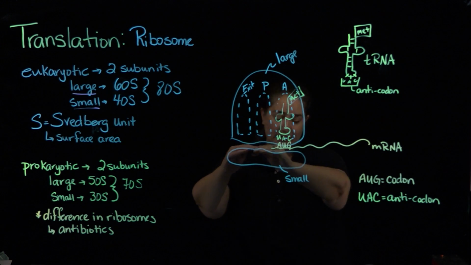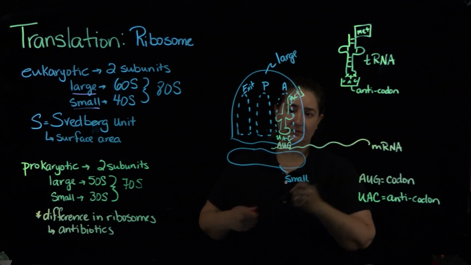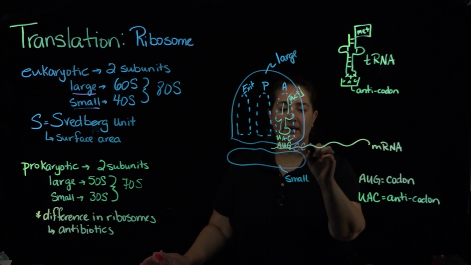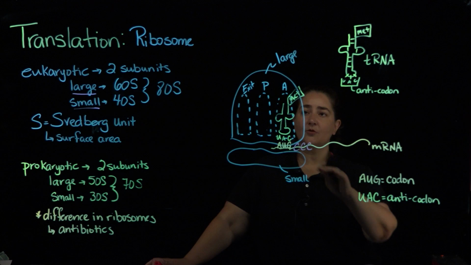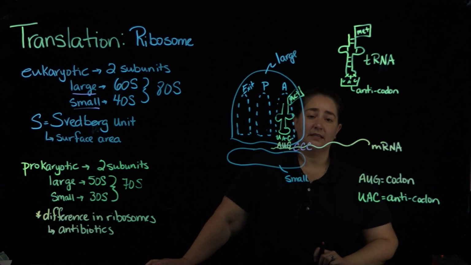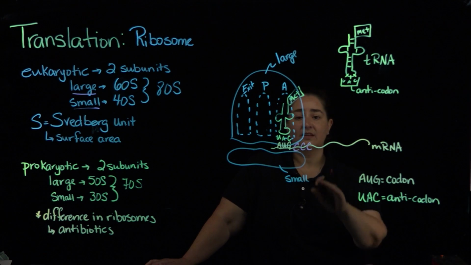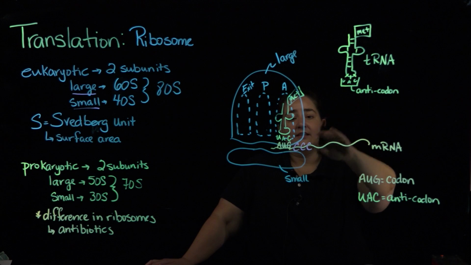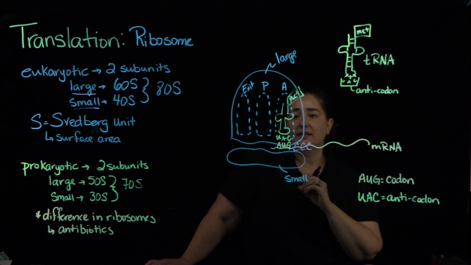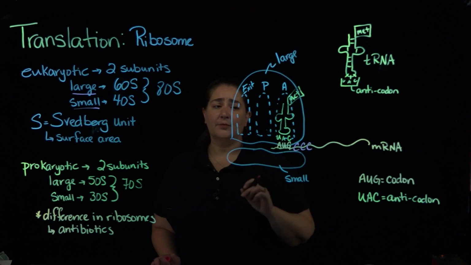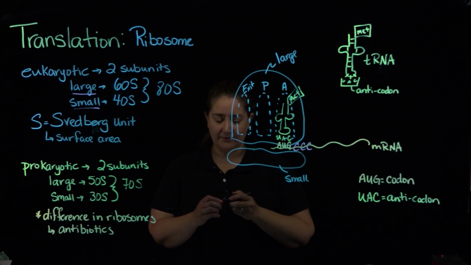The RNA is going to feed in, and we're going to have our next codon that will occupy the A site. Our next tRNA is going to come in and add to that protein chain.